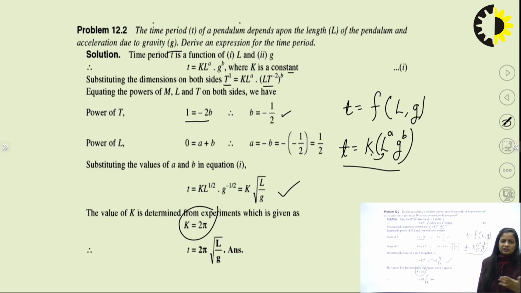But if it is not known to you, then you can write k as k. Now you can write the final formula: the time period for a pendulum will be equal to k or 2 pi root over L by g. This will be your derived expression for time period in this particular phenomenon.